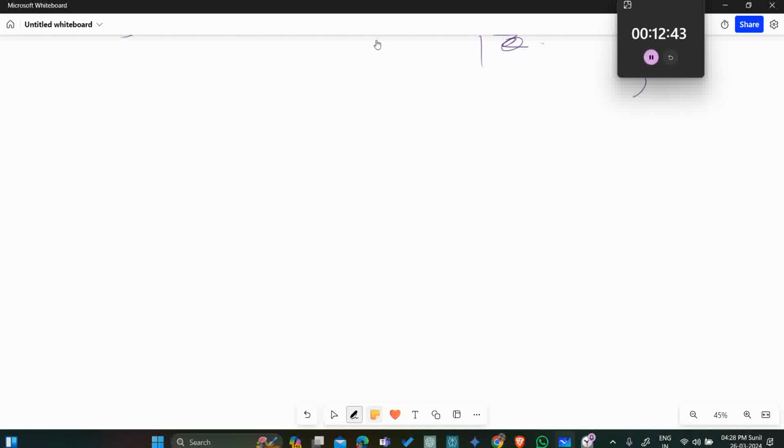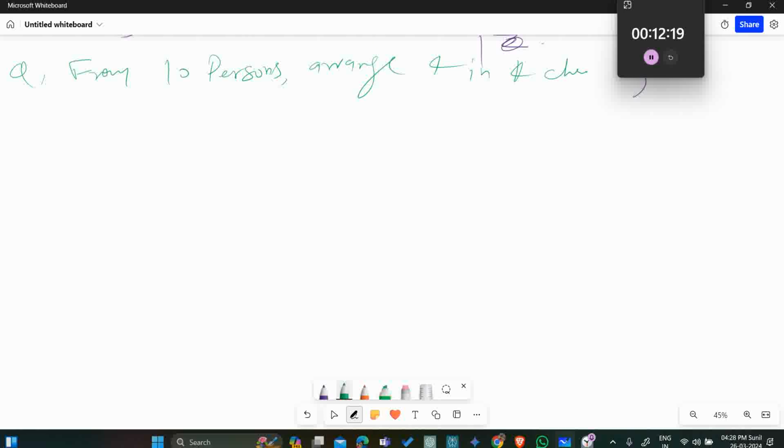Next question, we will change the color of pen here. Green would be good. The question is from 10 persons, arrange 4 in 4 chairs.